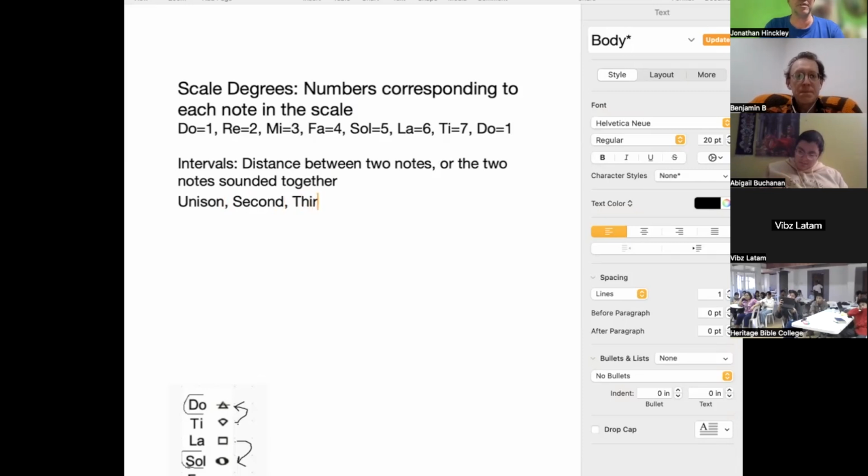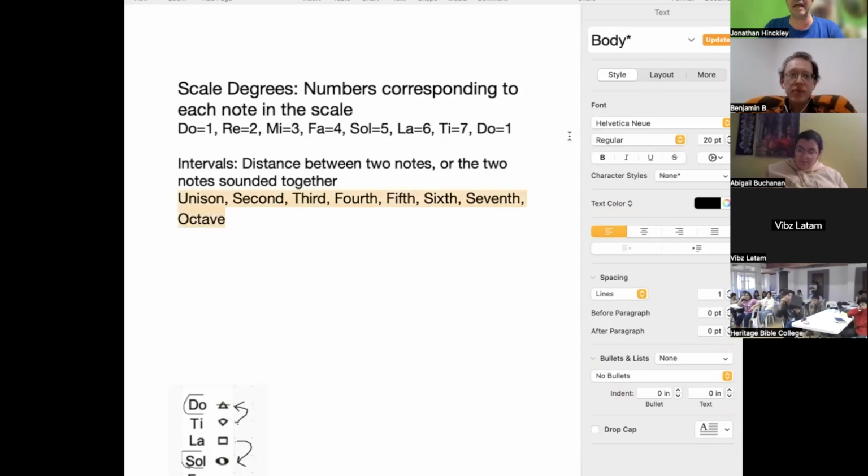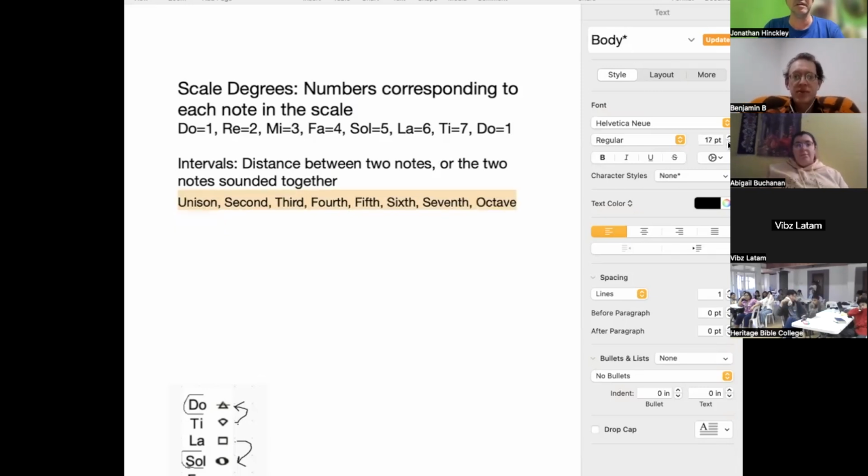Then the next one is a third, fourth, etc., fifth, sixth, seventh, and finally, one that we talked about, instead of saying eighth, we say octave. And the reason why is there is a special relationship. Do you remember what happens with the octave? What happens at the octave?